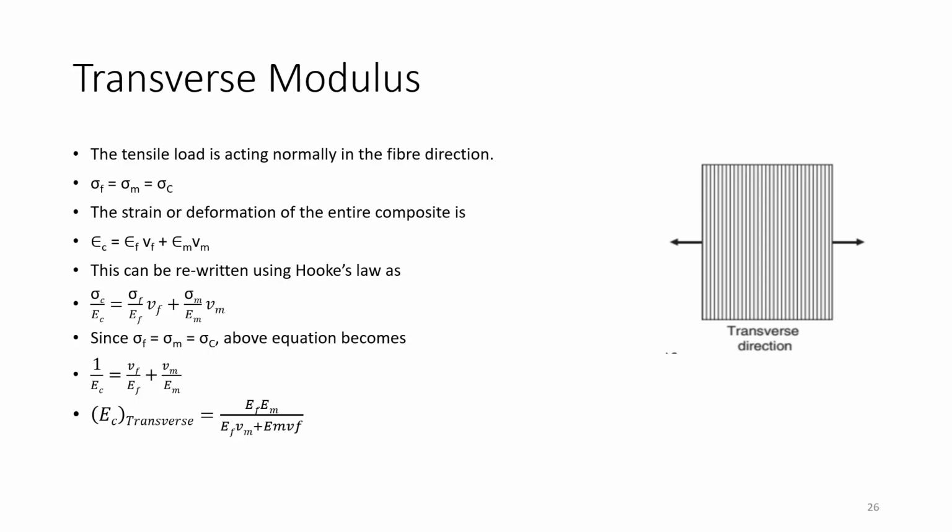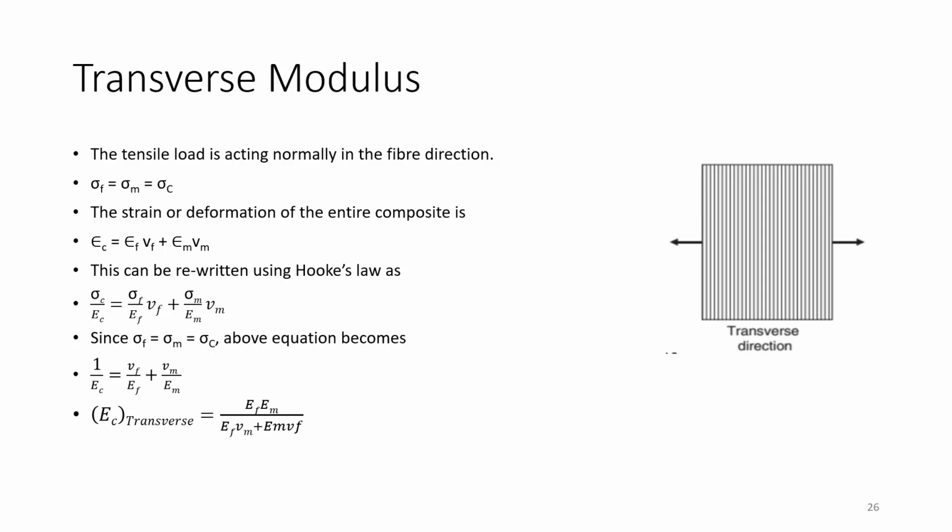In the transverse case, the tensile load is acting normal to the fiber direction, so sigma f equals sigma m equals sigma c. So in the case of transverse modulus, you are applying load perpendicular to the direction of the fiber. The strain of the entire composite can be given as εc equals εf times Vf plus εm times Vm, and this can be rewritten using Hooke's law. You just have to write the equation of strain.